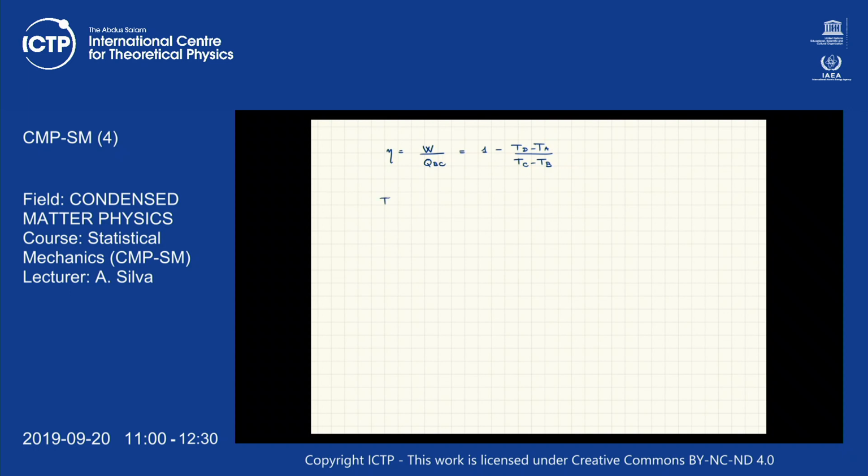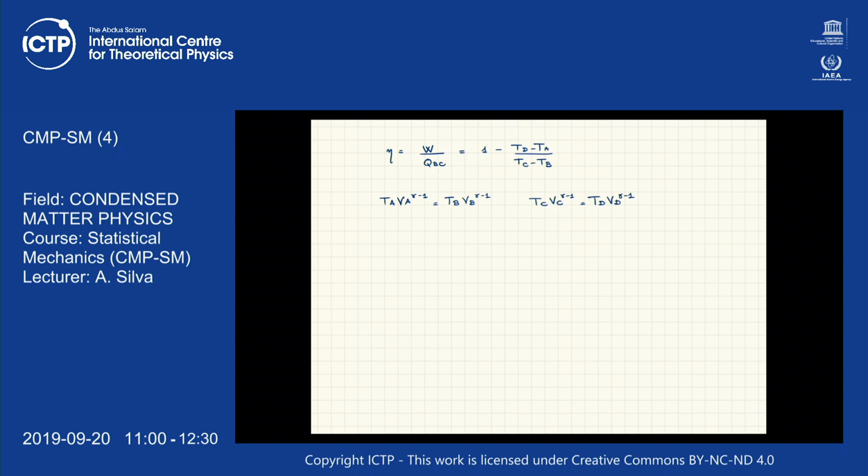Well, I notice that TA VA to the power gamma minus 1 is equal to TB VB to the power gamma minus 1. So this is the first adiabatic compression. And then TC VC to the power gamma minus 1 is equal to TD VD to the power gamma minus 1.